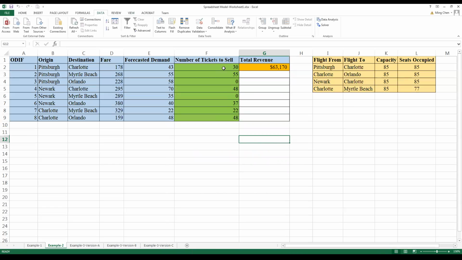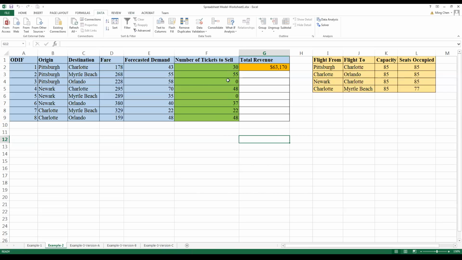You can see the solution says the optimal solution is to sell 30 tickets. We do have 43 people willing to buy a ticket from Pittsburgh to Charlotte, but we only sell 30. As I said, there are not enough tickets available on each flight. For the second OD pair, 55 people are willing to buy, and yes, we meet demand for everybody.